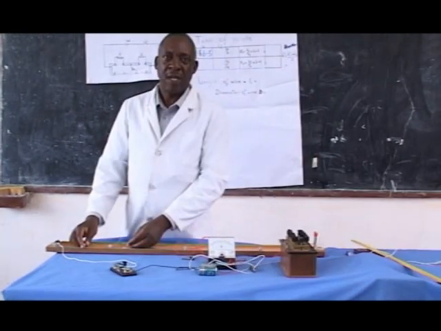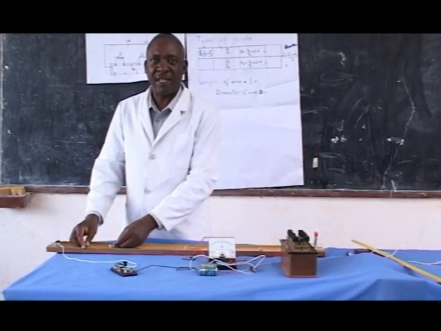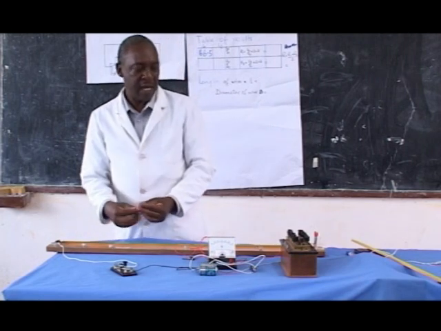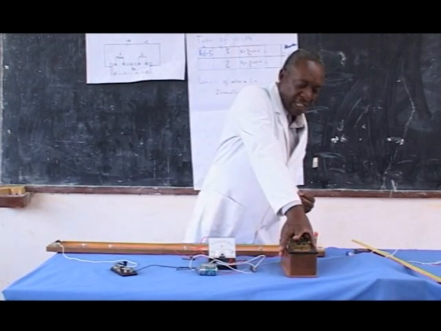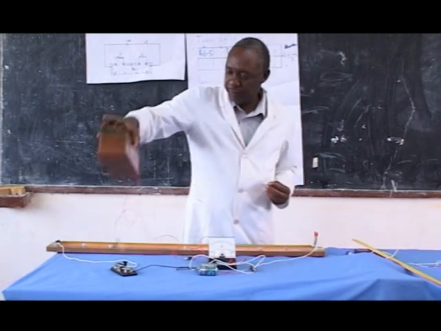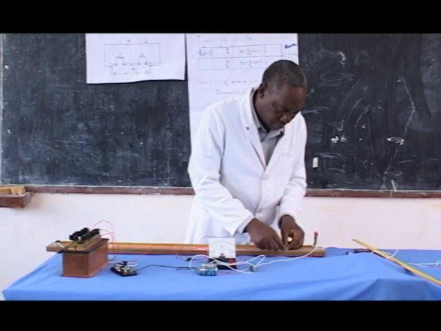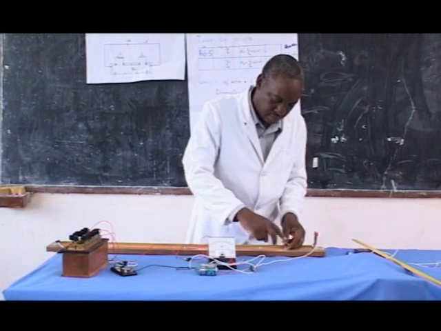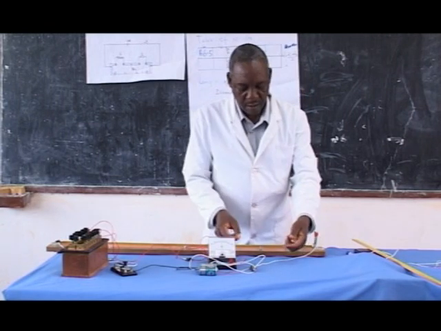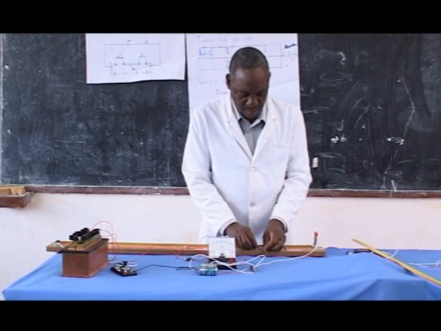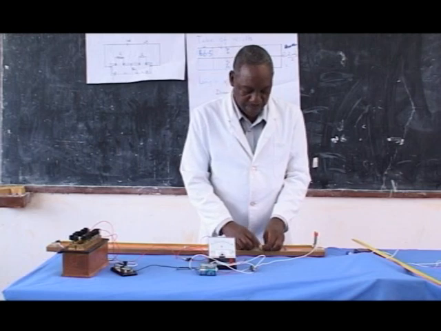Now let's change the positions of the Constantan wire and the resistance box. Make sure that the wire doesn't touch before it reaches the knob.